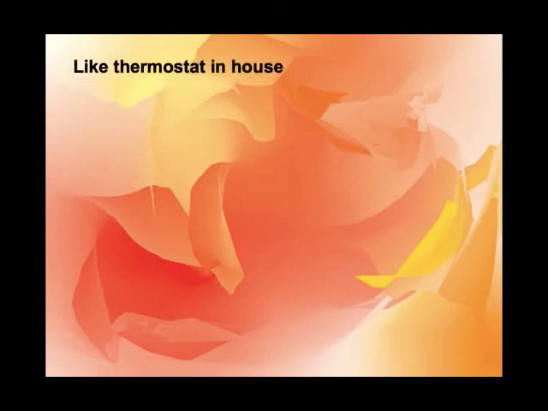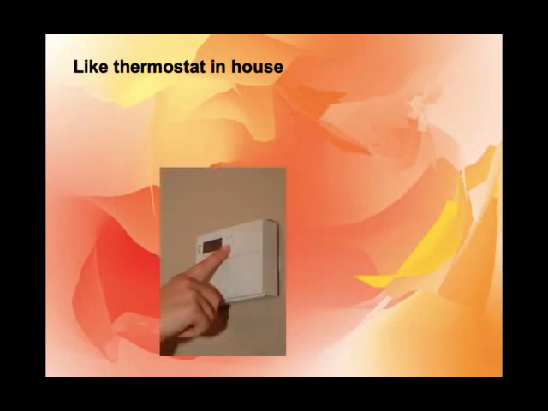Another example, and it's not just in your body that you have these, of a negative feedback mechanism is the thermostat in your house. You might have one of these on the wall if you have oil heat or gas heat or electric heat. You set it at whatever temperature you want. When the temperature goes below what you set it at, a little sensor in there turns on the furnace and says, okay, we need some heat.